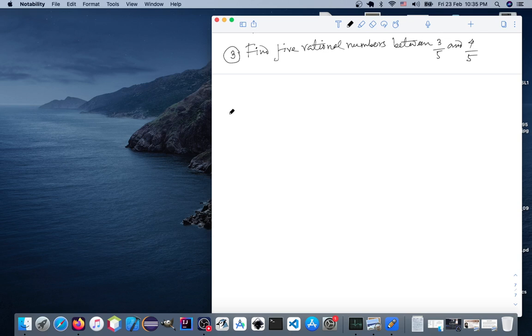Again, by using method 2, we are given r equals 3/5 and s equals 4/5.